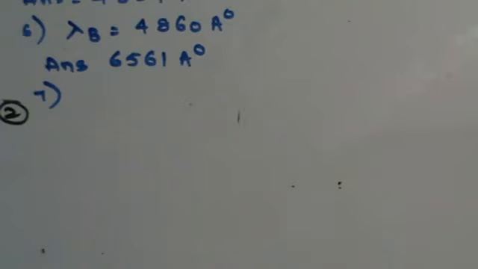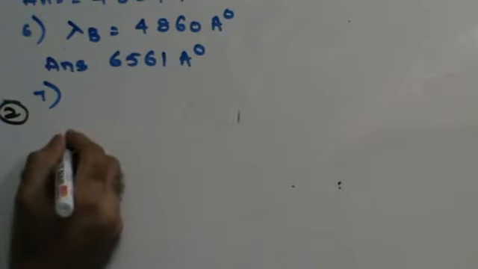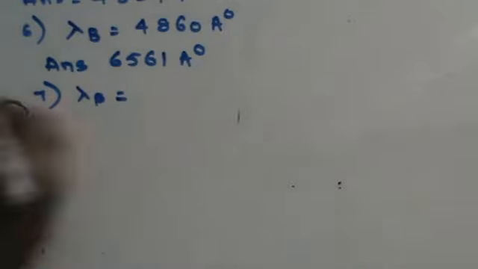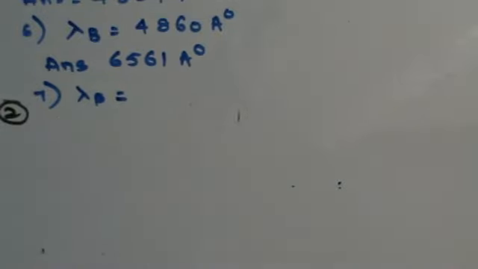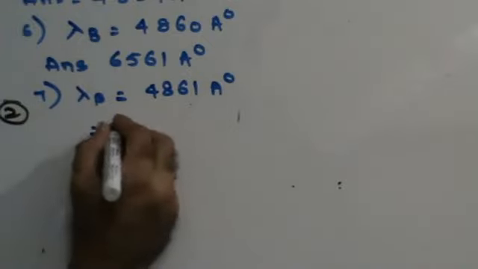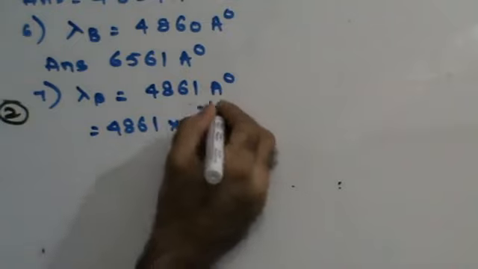The second member of the Balmer series of hydrogen atom has a wavelength of 4861 Angstrom units.